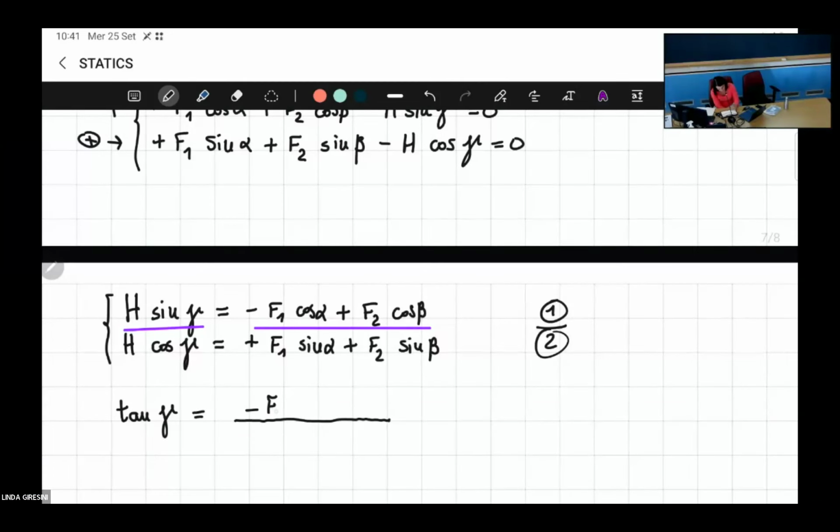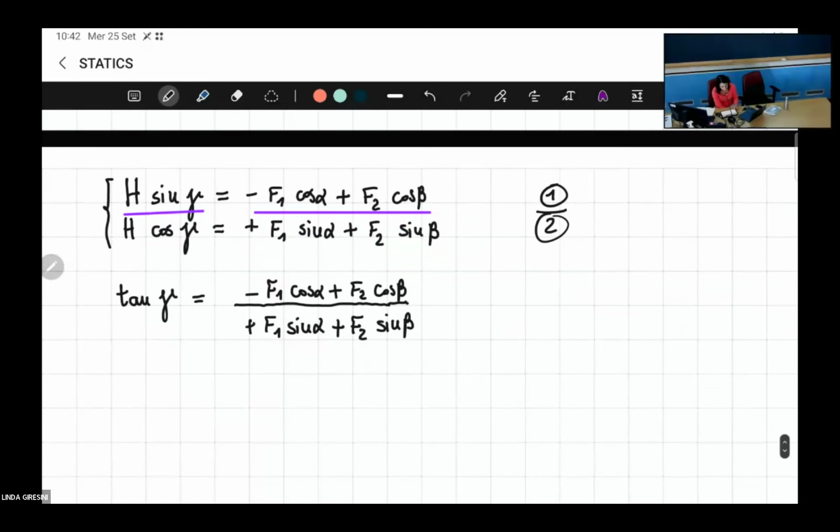So minus F1 cos alpha plus F2 cos beta divided by plus F1 sin alpha plus F2 sin beta. Correct?